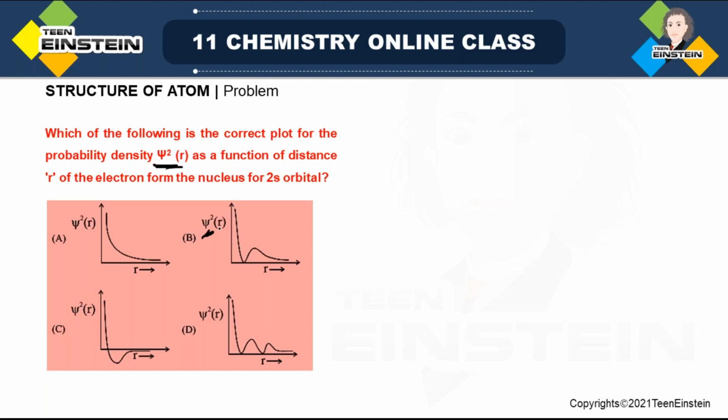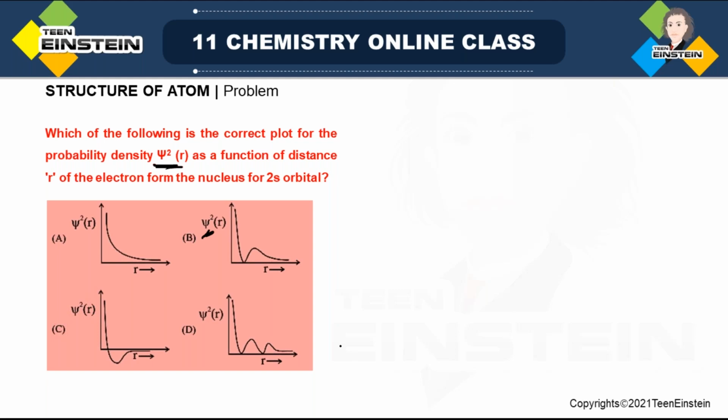Basically capital R is the radial part of the wave function. We have seen in the last class that there is a radial part and an angular part. So this graph is basically for the radial part, but sometimes in a question you may find that instead of capital R, chi-square is given, but the nature of the graph will be the same whether you take chi-square or capital R. Basically this chi is trying to focus on capital R, fine, the radial part.